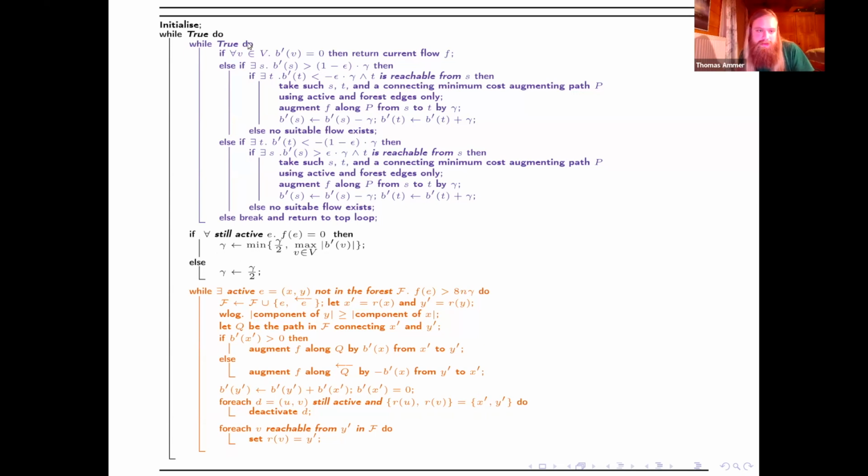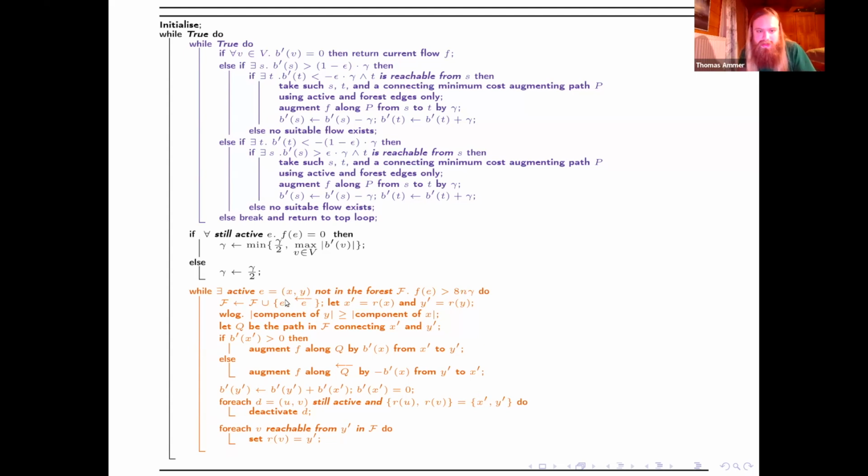Then we have an inner loop here, which sends flow from sources to targets, and the balances of the source and the target that are used have to be big. And whether the balance is big depends on the threshold value gamma. And then if there are no sources and no targets remaining that have lots of supply or demand, then gamma is halved. And after that, this balance concentration is performed and the spanning forest is grown.